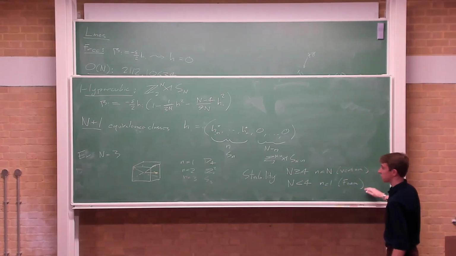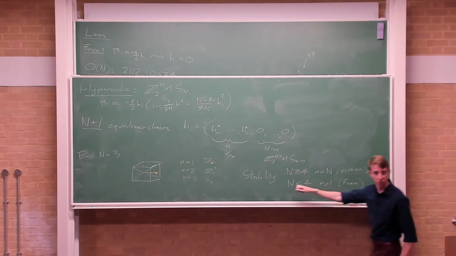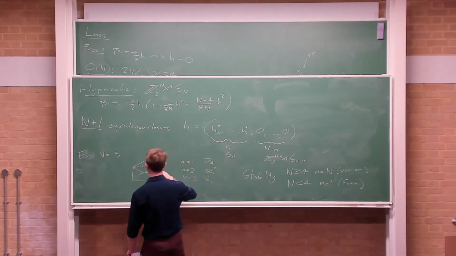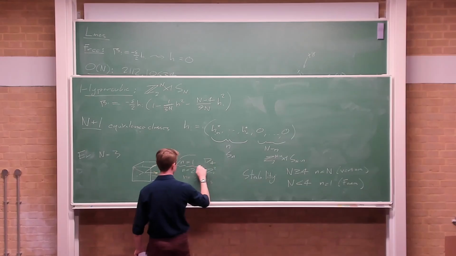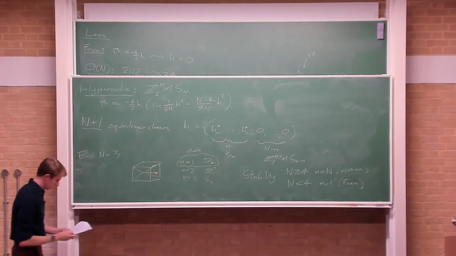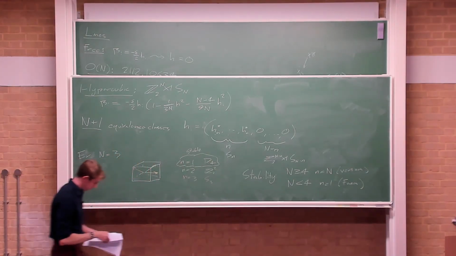But in either case, I'd like to highlight for the next bulk that the stable fixed point is unique for any particular value of n that you choose. So here we have n equals 3, so the D4 fixed point will be the stable one. Okay.